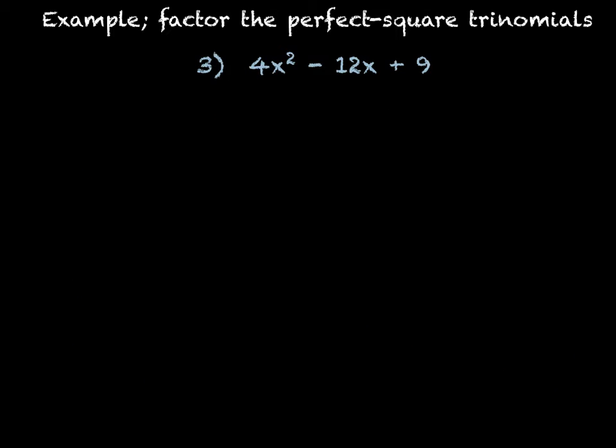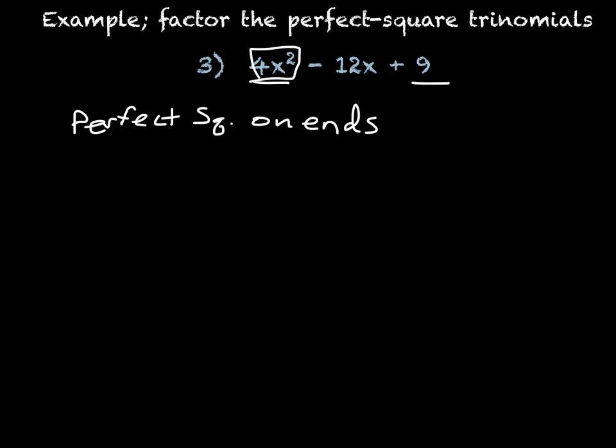And this last example might be a little bit trickier, but we start the same way. First, we note that there are perfect squares on my ends. Once you note that, then we can say, okay, what is the perfect square of this?